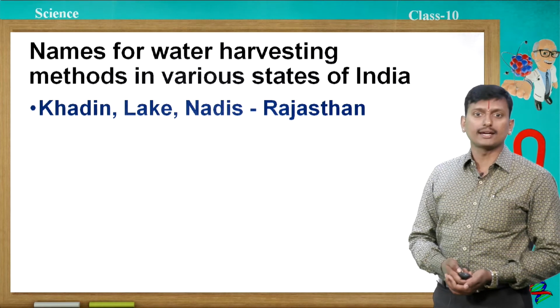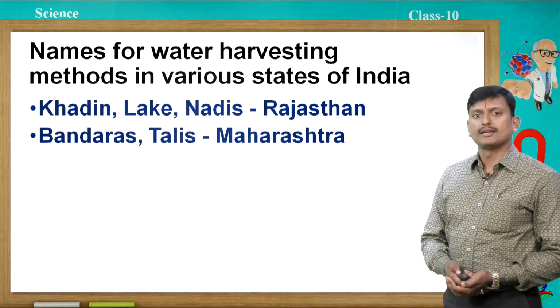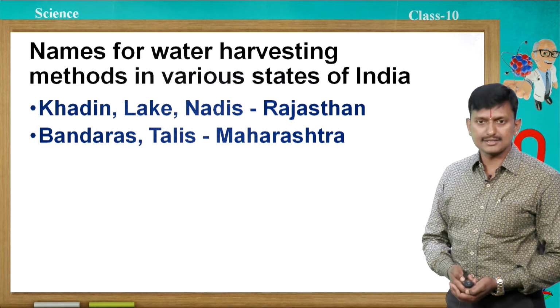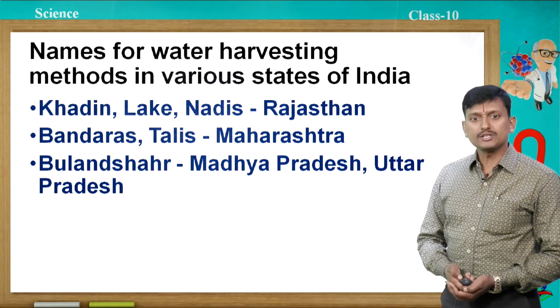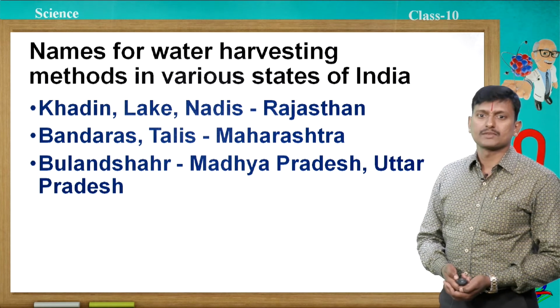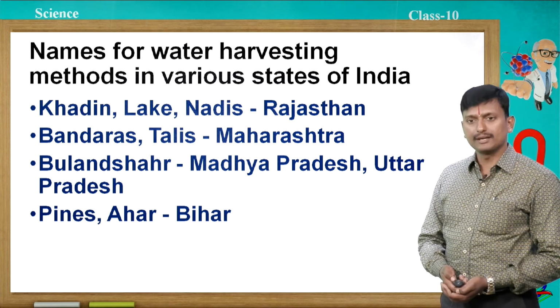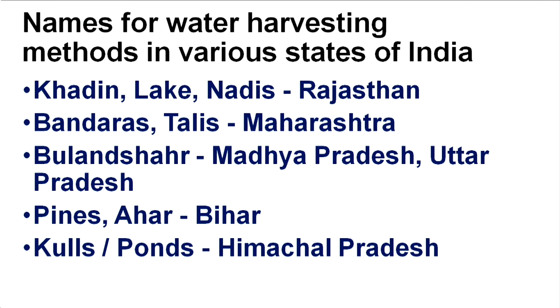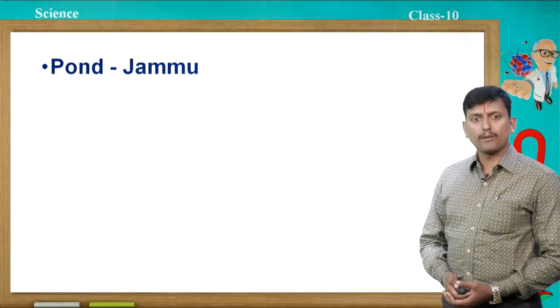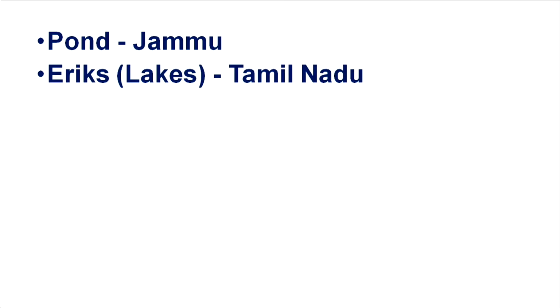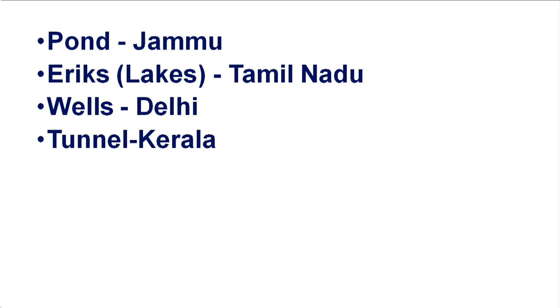Khadin, lake, nadis in Rajasthan; Bandaras, Talis in Maharashtra; Bundelkhand in Madhya Pradesh and Uttar Pradesh; Pynes, Ahar in Bihar; Kuls or ponds in Himachal Pradesh; ponds in Jammu; Eris, lakes in Tamil Nadu; wells in Delhi; tunnel in Kerala; katte in Karnataka.